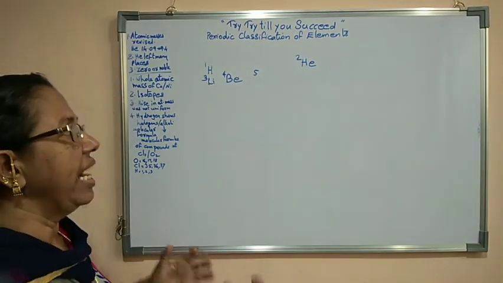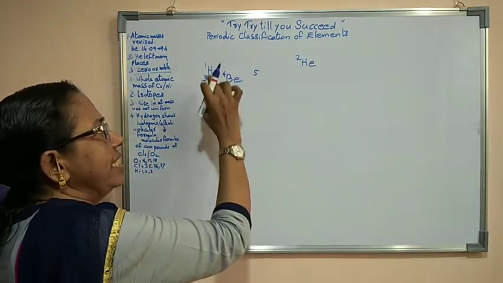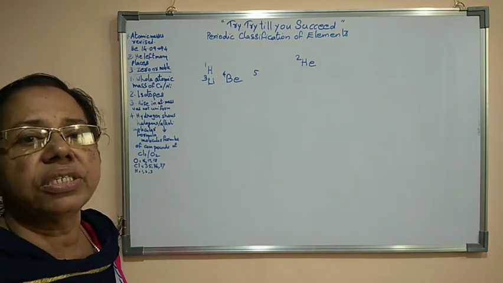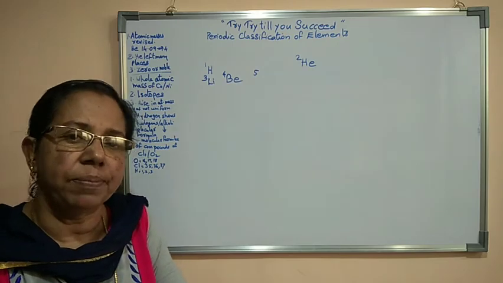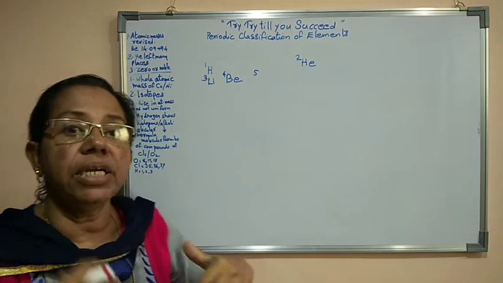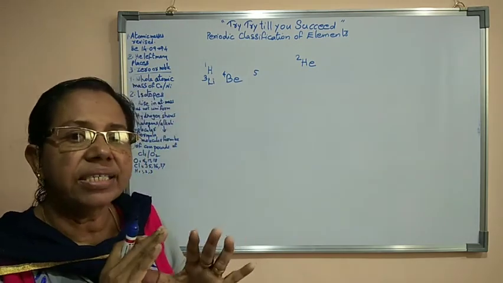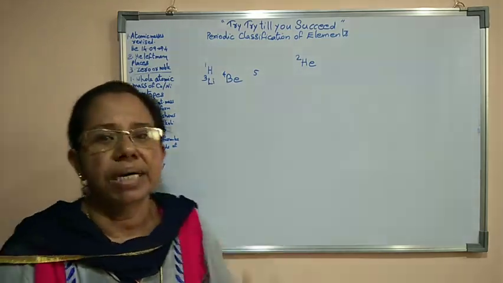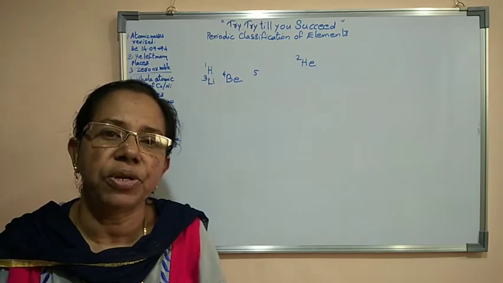But when he arranged the elements in his periodic table, the difference in their atomic mass was not uniform. Because of that, again they faced the problem: in between two heavy elements, how many elements need to be discovered? That was a question mark. Why? Because there was no uniform difference in their atomic mass number when he fitted the elements in his periodic table.